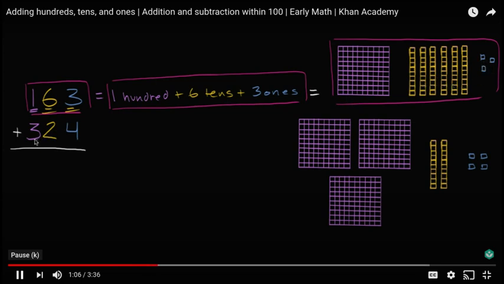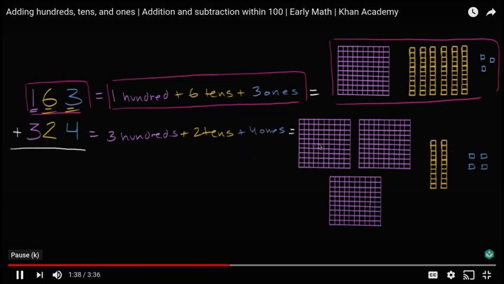Now I want to add the number 324 to 163. So 324, if we look at the hundreds place, is 3 hundreds plus 2 tens plus 4 ones. And we see that right over here drawn out. So 324 boxes.